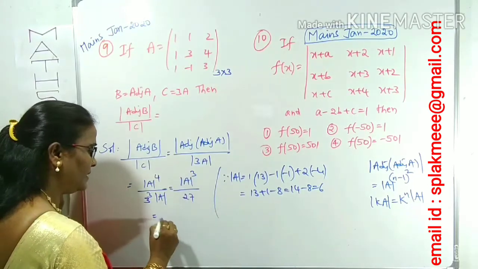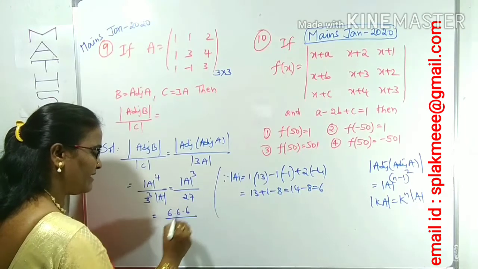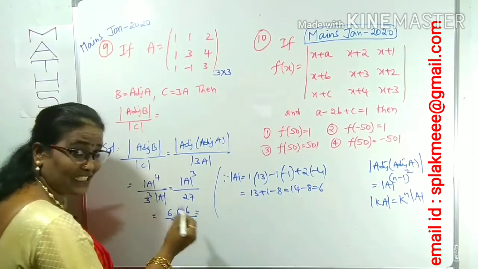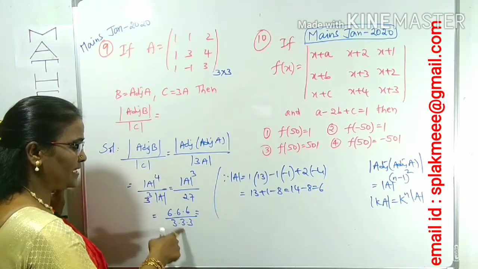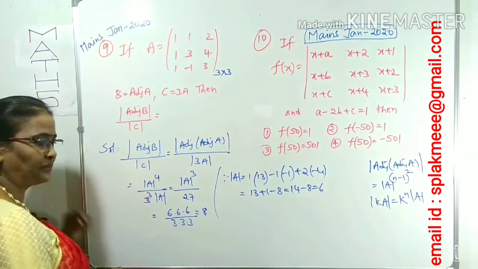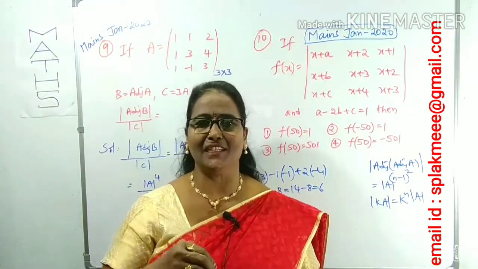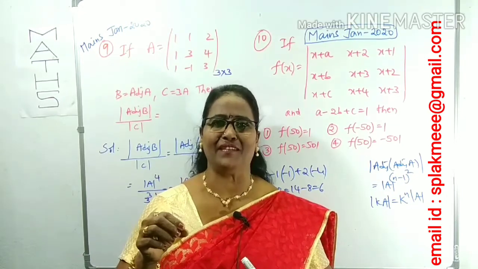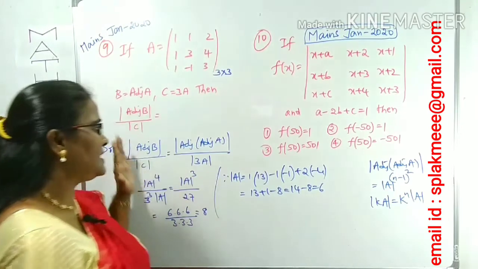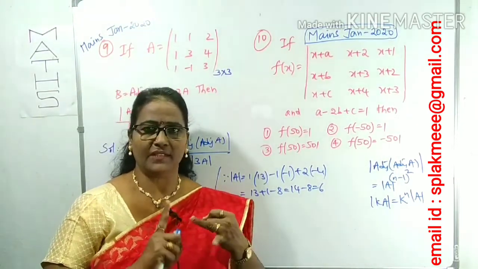Then 6 cube: I am writing 6 into 6 into 6, and for convenience I write 27 as 3 into 3 into 3, for ease of cancellation. 3 twos, so 2 into 2 into 2 is 8 will come. Directly also you can cancel, but I am using this simple way for time saving. Here I just used the properties of determinants as well as adjoints.